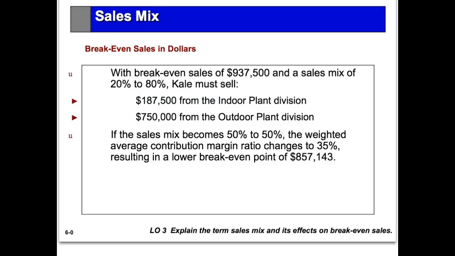With the break-even sales of 937,500 and the sales mix of 20-80, I break that down: 20% of it is indoor, so 20% times 937,500, and 80% is outdoor. So if the sales mix is 50-50, the weighted average contribution changes to 35, resulting in a lower break-even.